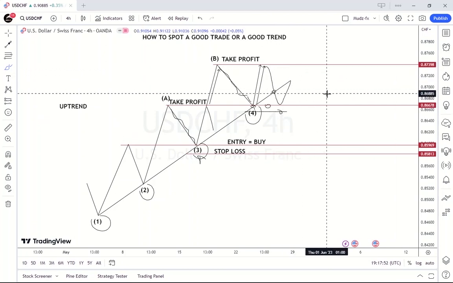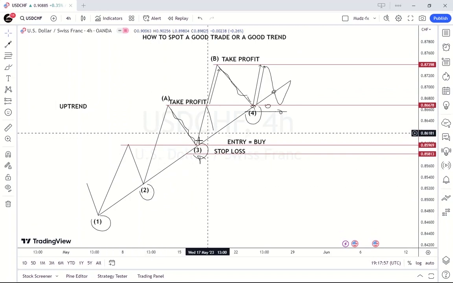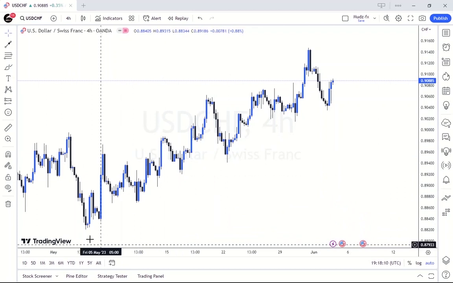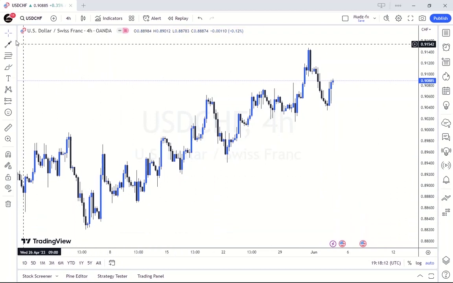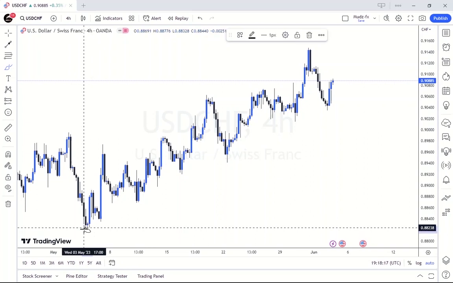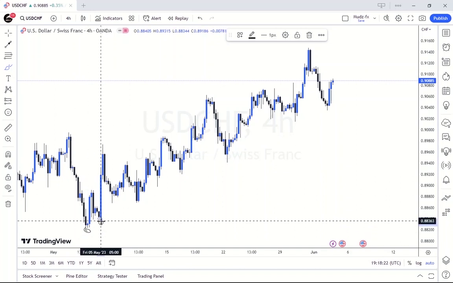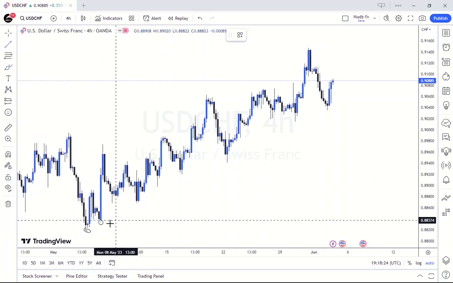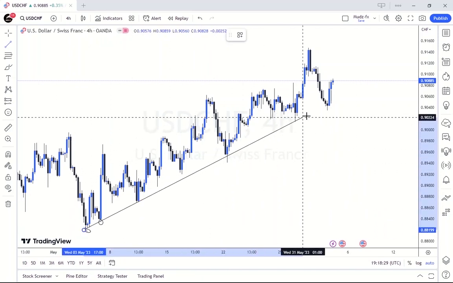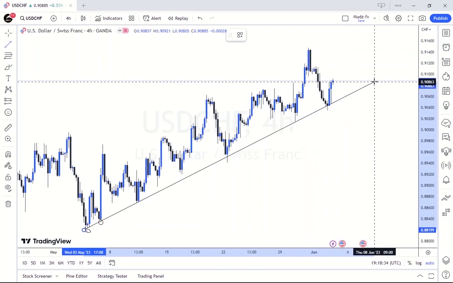Okay, so let me show you an example on the real chart of what we've been doing here, right? Okay, this is a real chart. We have the first touch, which is our number 1, second touch, which is our number 2. So we're gonna use number 1 and number 2 to draw our proper trend line so that it can guide us to our next touches or our entries, right?